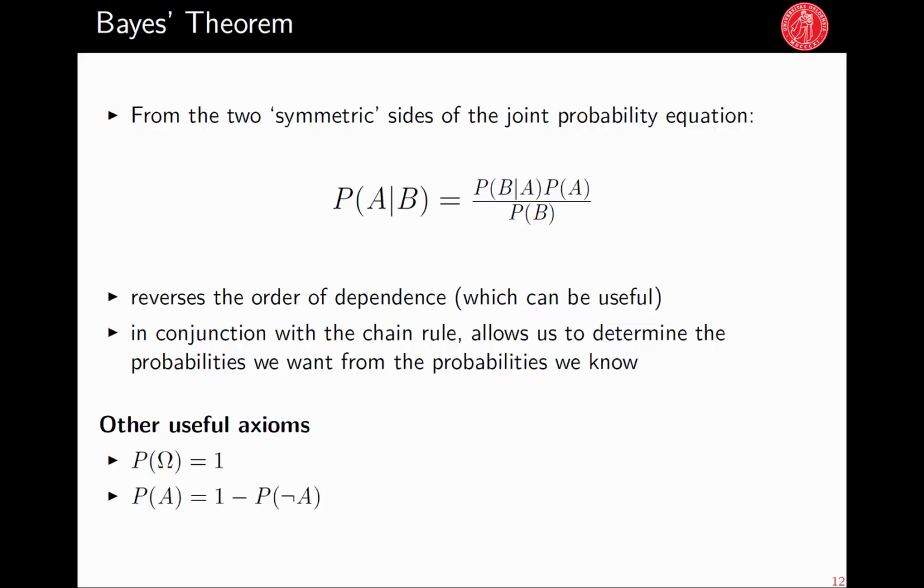The sum of the probability of A or not A is going to be 1. That's a certainty. And hence it follows, so I can just transform that equation and derive this one.